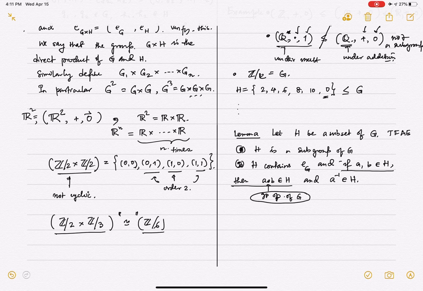When this condition is satisfied, we say that H is closed under multiplication. And when you have this condition that whenever A is in H, A inverse is in H, you say that H is closed under inverse. So we are saying that something is a subgroup if and only if it contains the identity and the subset is closed under multiplication and under taking inverse.